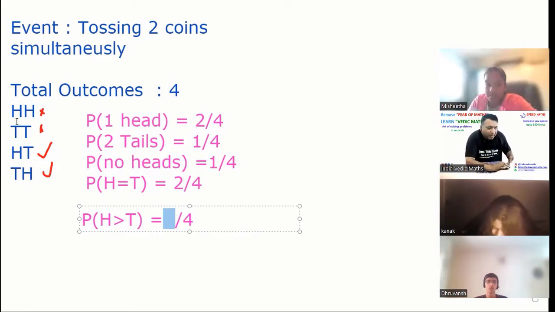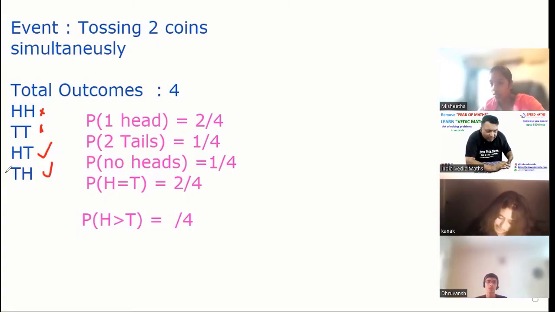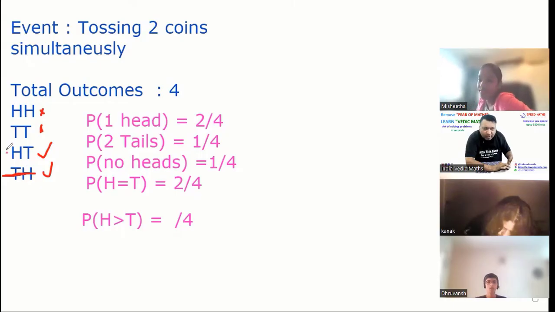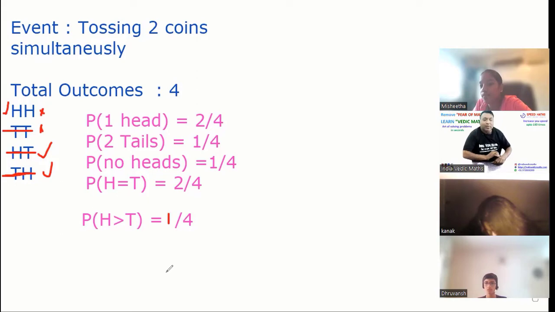Let's look at this. Let's go in reverse. TH: how many tails, how many heads? Equal, right? Not favorable. HT: 1 head, 1 tail, not favorable. TT: tails are more, no. HH: 2 heads, 0 tails, so heads are more than the tails. So only one outcome is favorable. Correct? Got it, everybody? Now I'm going to ask you a next level question on this.